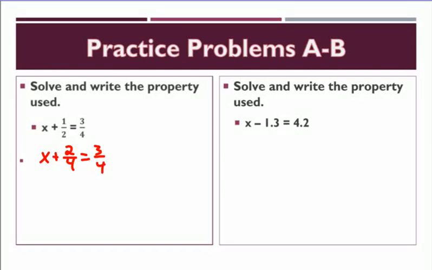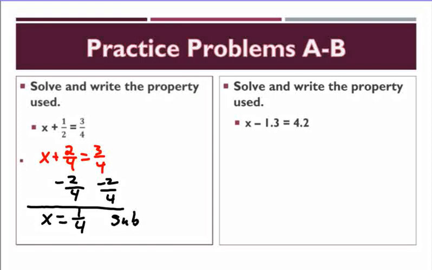So I'm going to just rewrite it as x plus 2/4 equals 3/4. Now I can get x by itself by doing the opposite of adding, which is subtracting 2/4. So I subtract 2/4 on both sides, and I'm left with x equaling 1/4. And what property did I use? Since I was subtracting the same number on both sides, this would be the subtraction property of equality.